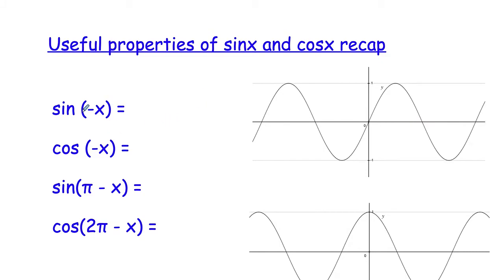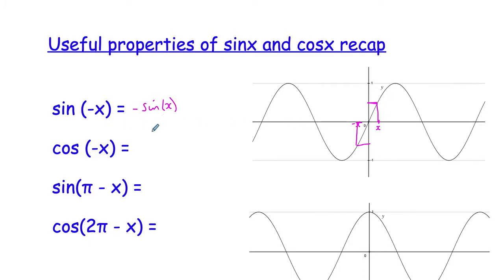The first one is to remember that sine of negative x, so if I've got a minus x here, what would that be in terms of sine x? Well, it would be equal to the negative of sine x. Those two things are always equal. So negative of sine x is equal to sine of negative x.